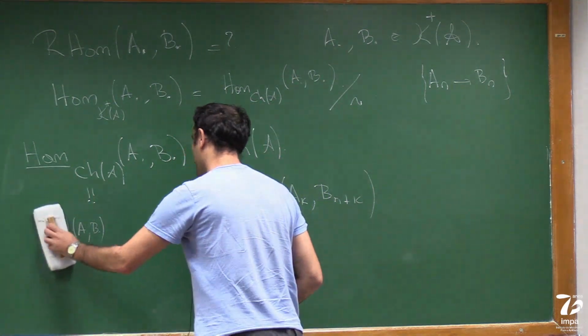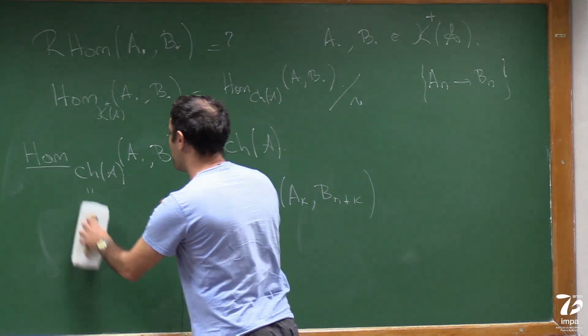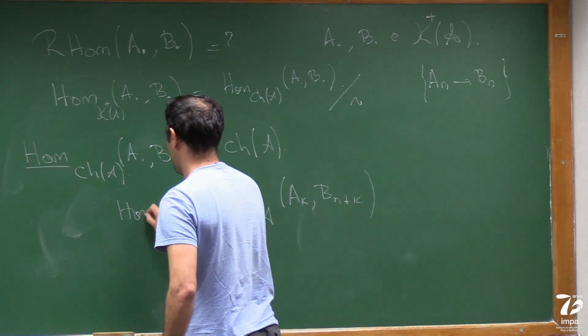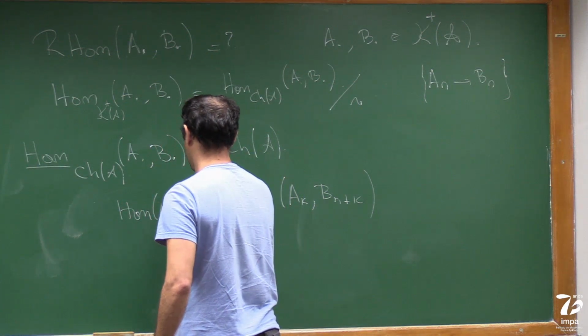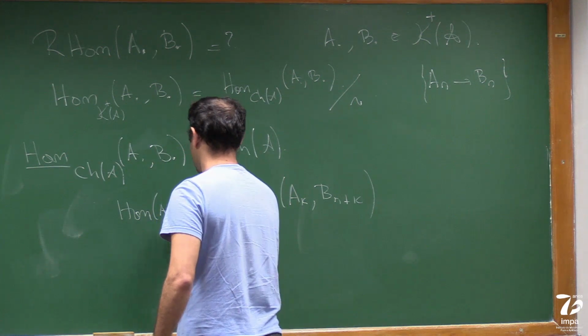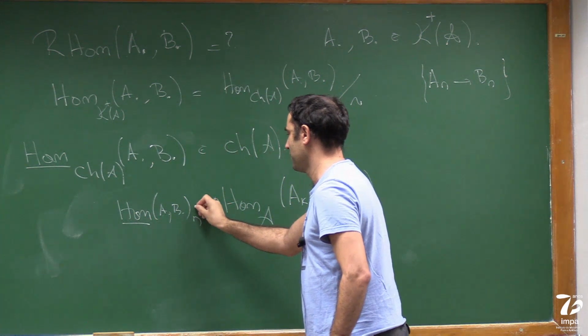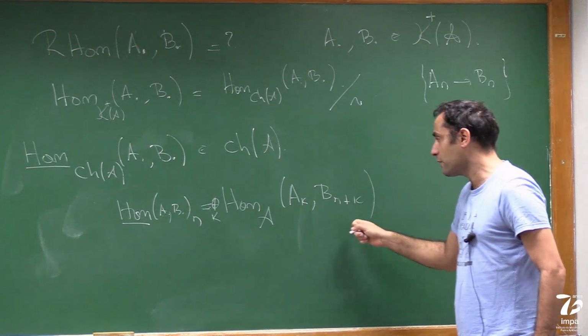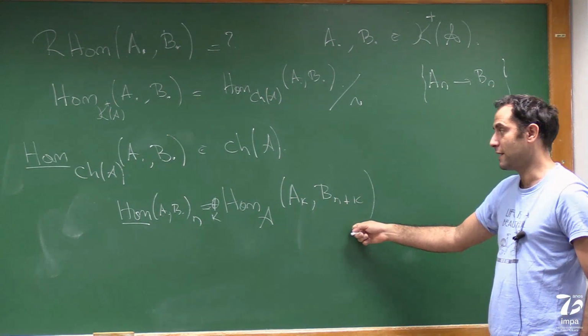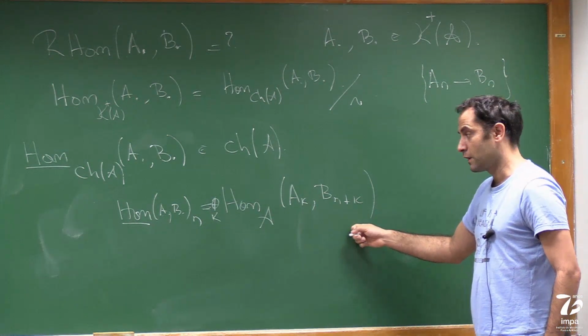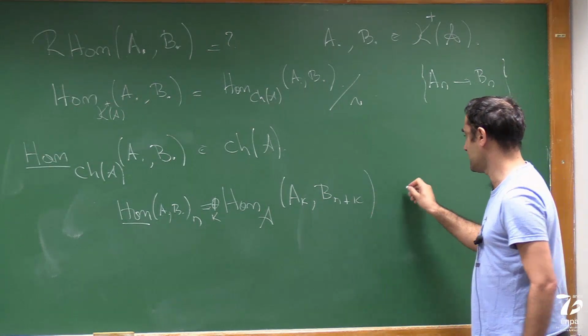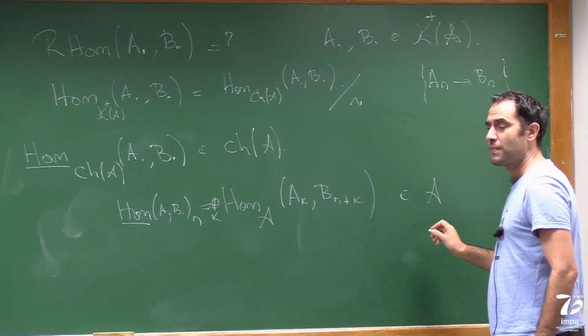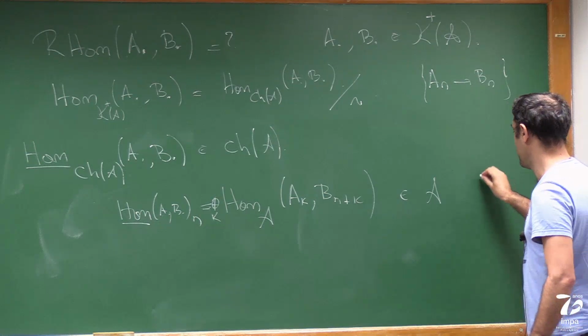Let's just keep the whole full Hom. The degree n piece of Hom AB internal in degree n is this. So I'm just giving you now an object in the category A, for every n.